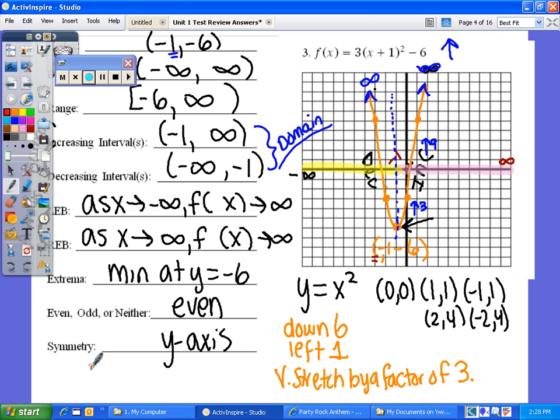So that means that my increasing and decreasing intervals are going to split the domain. And I'm going to replace the split with the first number in my vertex, which is -1. So now I have to decide, well, where am I decreasing, where am I increasing? So on the first side, I'm decreasing. The graph is coming down.